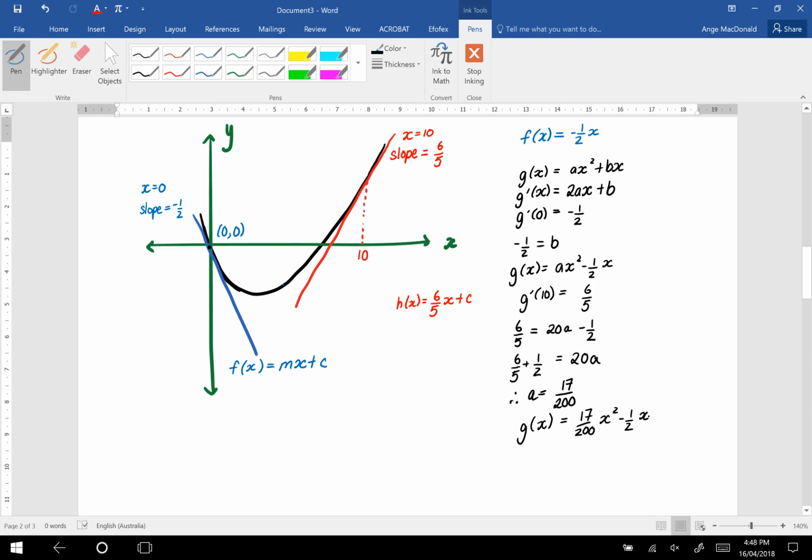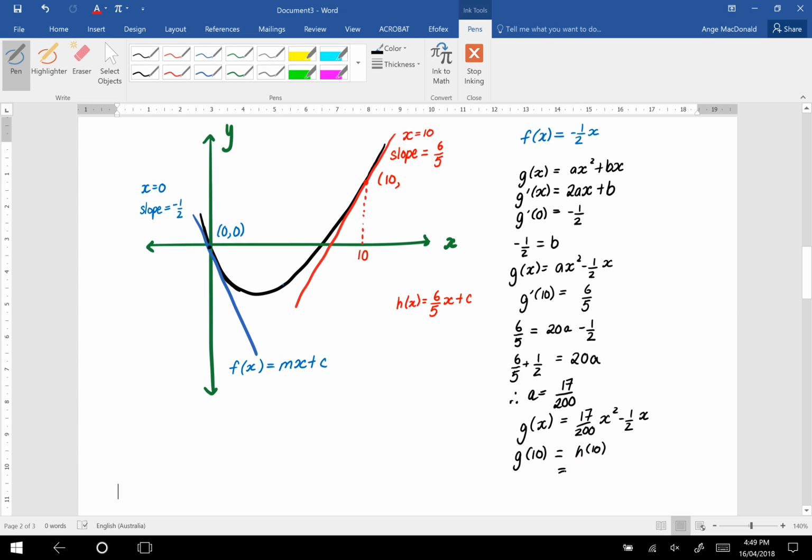All that's left for us to do now is work out our c. Now remember, this coordinate on our graph here, it's on the quadratic and it's on the straight line. So how am I going to get the y value? I could pop it in here, but that's not going to be very helpful because I don't know c. Whereas if I find g of 10, wherever x is here, I replace it with 10, because we know that g of 10 is going to equal h of 10.